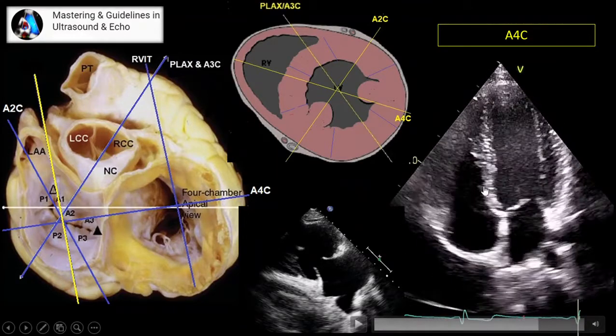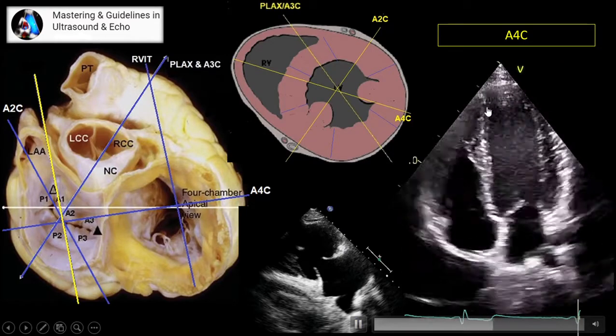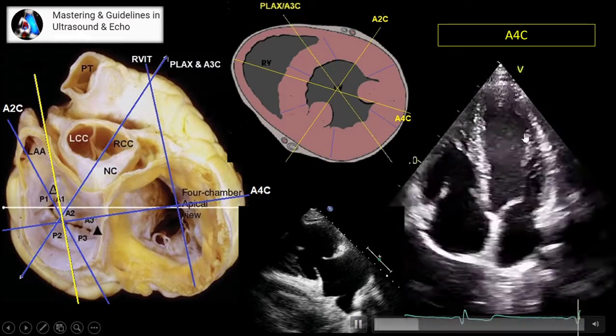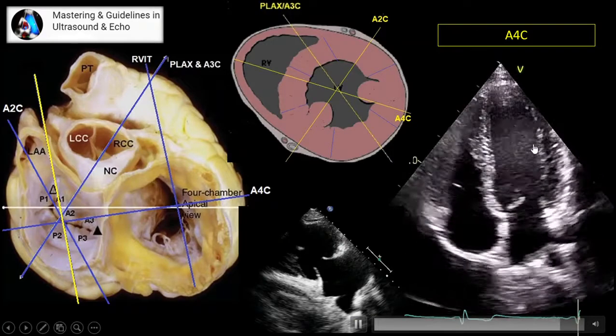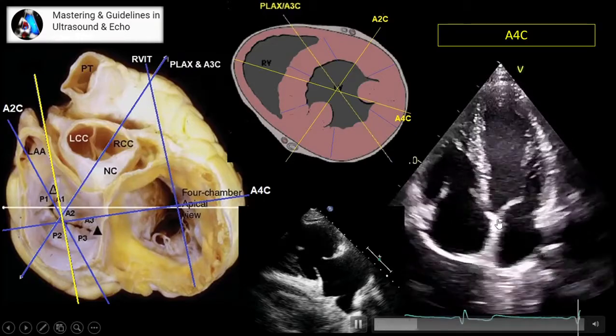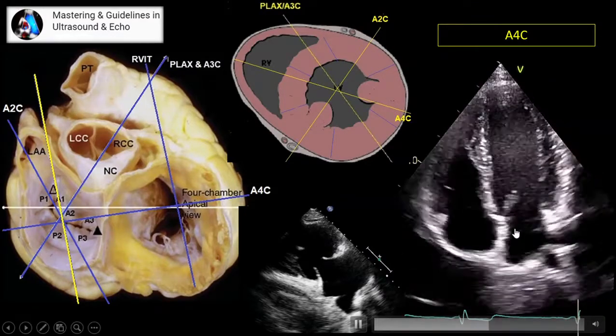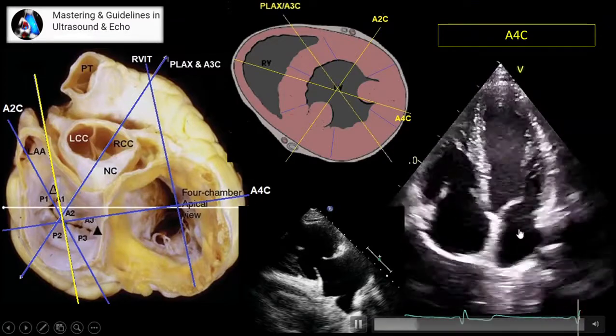A good apical four chamber view. In apical four chamber view, the apex is clear. We will see the largest size of the left ventricle and right ventricle too. Both the left atrium and right atrium are at their largest size.